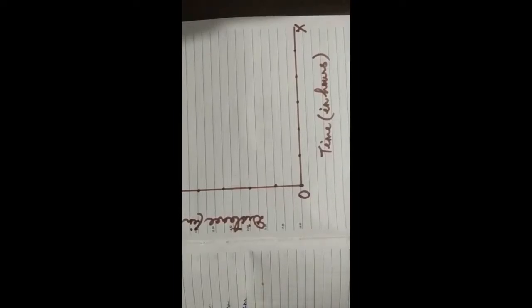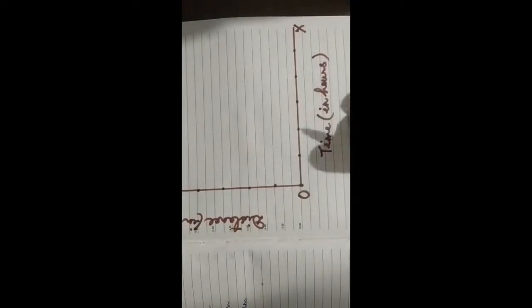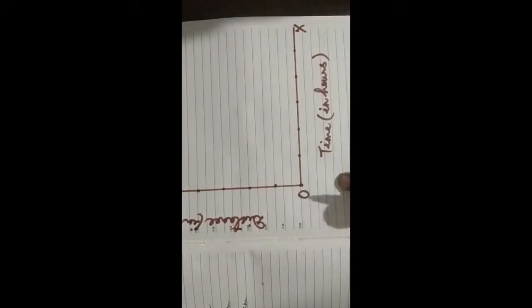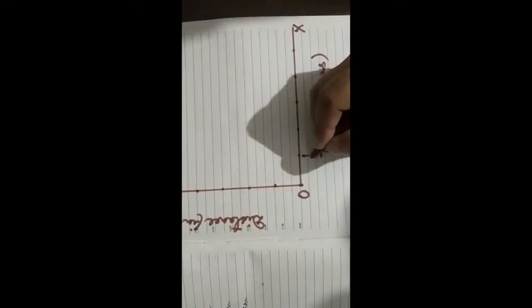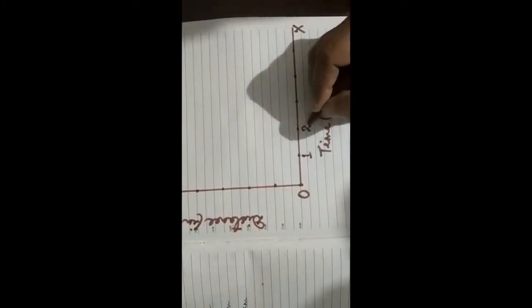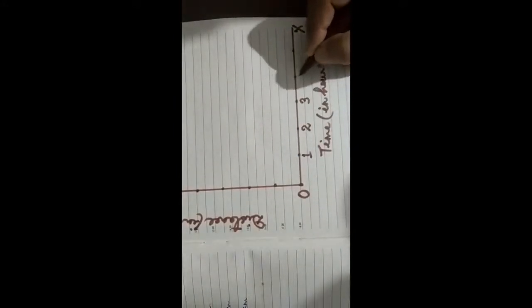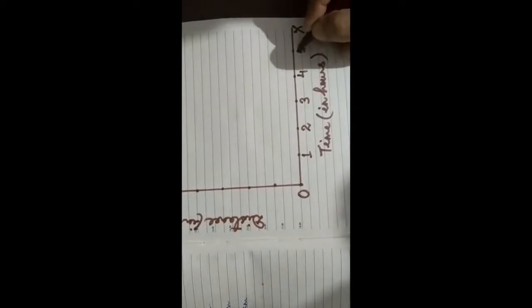For example, for the motion of the car, we have to express the motion of the car along the x-axis, where O is the origin. So, here you mark it as 1 hour, 2 hour, 3 hour, 4 hour and 5 hour.